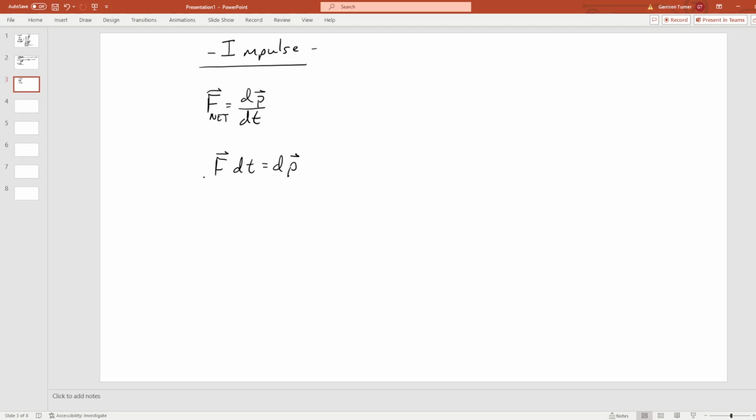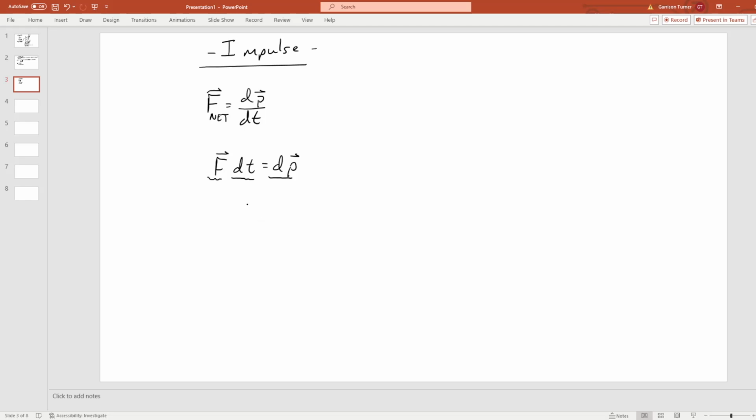Now what this equation is telling you is that your force applied over an infinitesimal time gives you an infinitesimal change in your momentum.